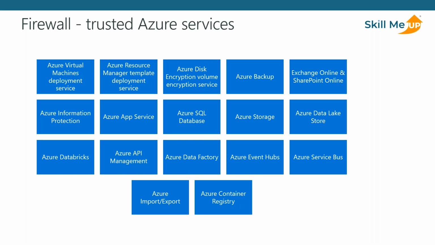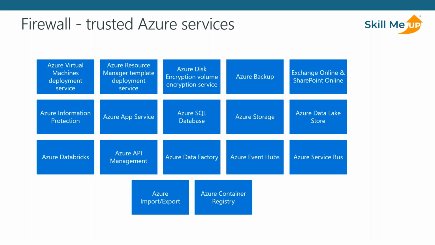So if you want to access your Key Vault as part of your ARM template deployment, for example, if you want to create a resource that has a connection string or configure some connections within the ARM template, most typically you will fetch those secrets from a Key Vault. Then you actually need to enable this blind trust of firewall trusted Azure services altogether.